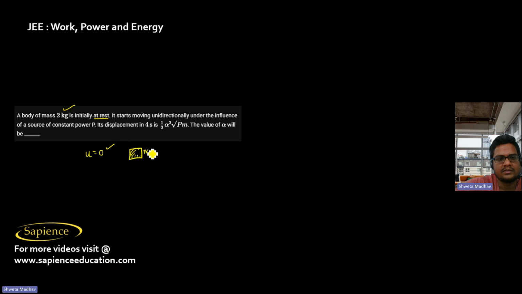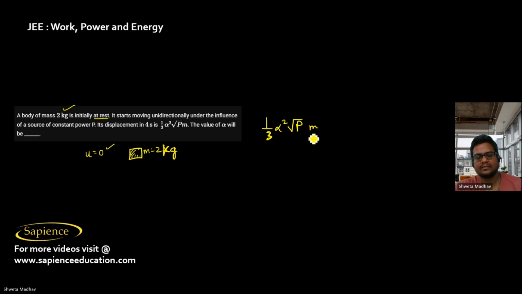The mass of the body, that is 2 kg, starts moving unidirectionally under the influence of a source of constant power P. Its displacement in 4 seconds is 1 by 3 alpha square root P meters.